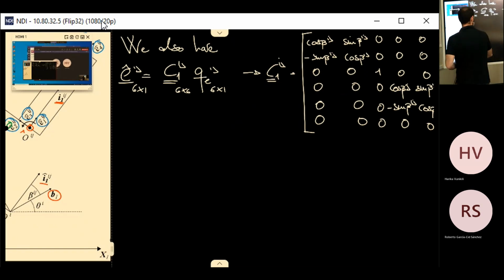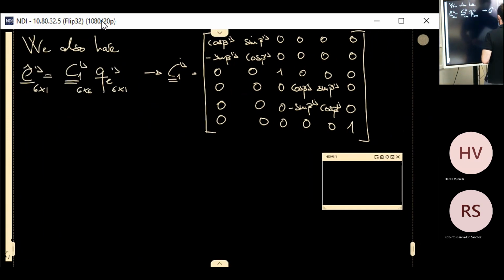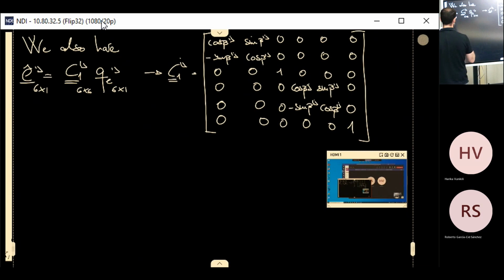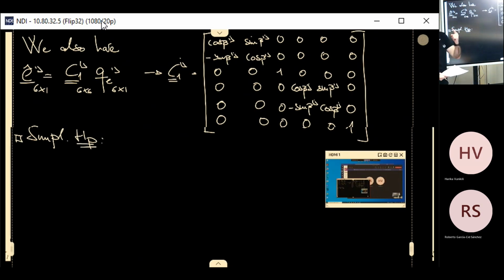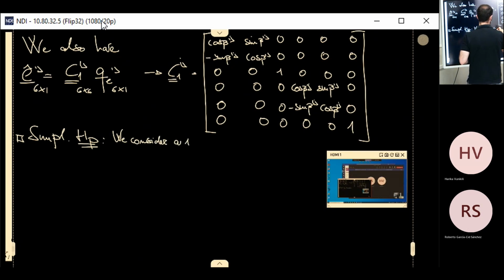Now, without any loss of generality, we are simplifying the hypothesis. We only consider a single element body.